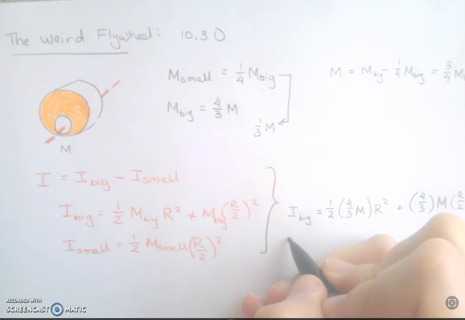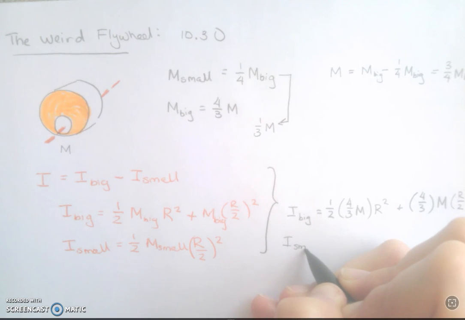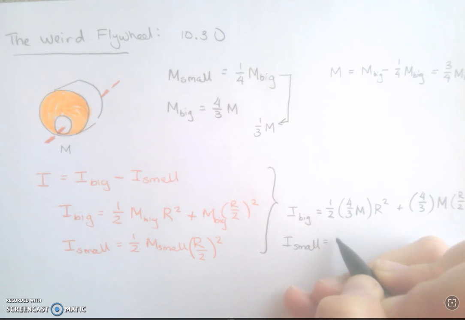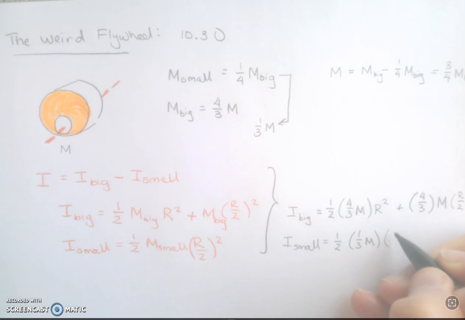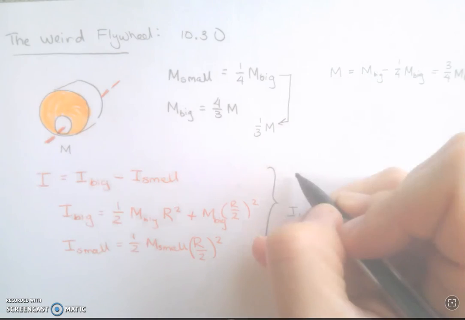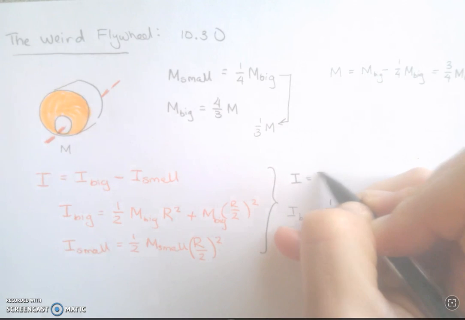We have our moment of inertia of the negative mass, 1/2, 1/3 of the mass, r/2 squared. Subtract this from that, and you will get the total moment of inertia.